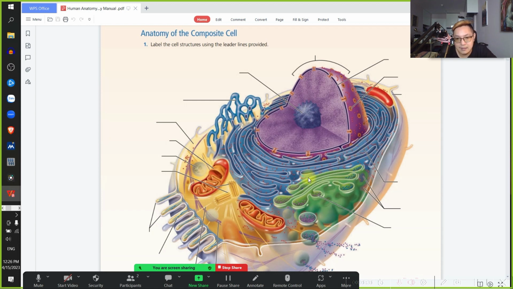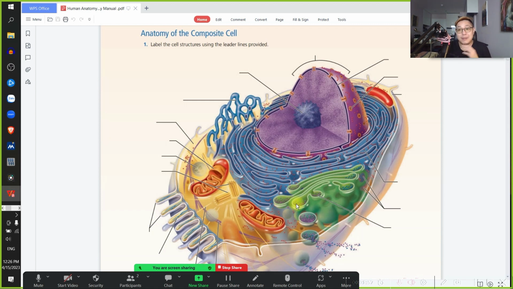Okay, what are the green things here? Golgi apparatus. Golgi, bộ máy Golgi. So what does Golgi apparatus do? Packing the protein. It packs the proteins.